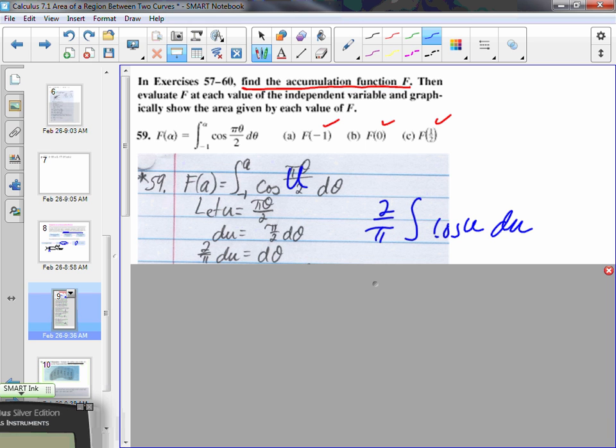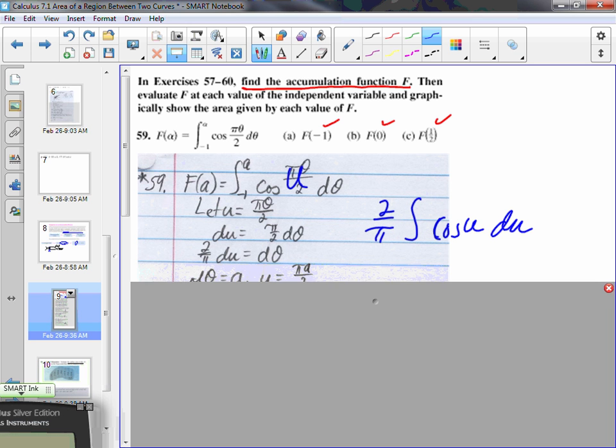I got to change the limits of integration. So the substitution's going to work. If this were an indefinite integral, that's the way I would rewrite it. All right? So all I got to do now is figure out what the limits of integration need to be. So if theta equals a, then what would u equal? Well, it would equal pi a over 2.